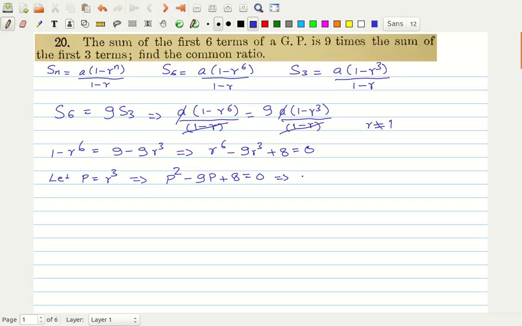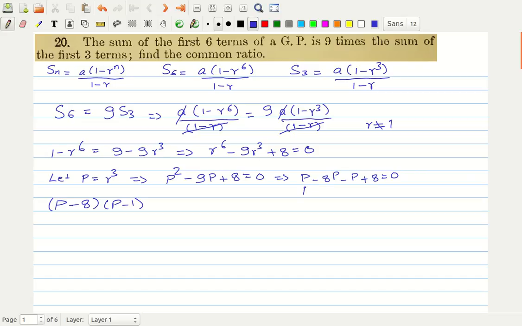And then we can write this as p square minus 8p minus p plus 8 is equal to 0. I am just factorizing this quadratic equation. So we get p minus 8 and p minus 1, right?